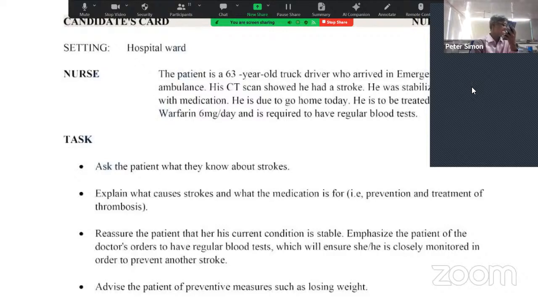I would be upset if I were in your position. The expressed concerns are undoubtedly reasonable. A detailed explanation will be provided. Stroke is a medical emergency. It can occur when blood flow to the brain is blocked. Prognosis is excellent if we diagnose it early. Medication, which has been commenced, needs to be continued.